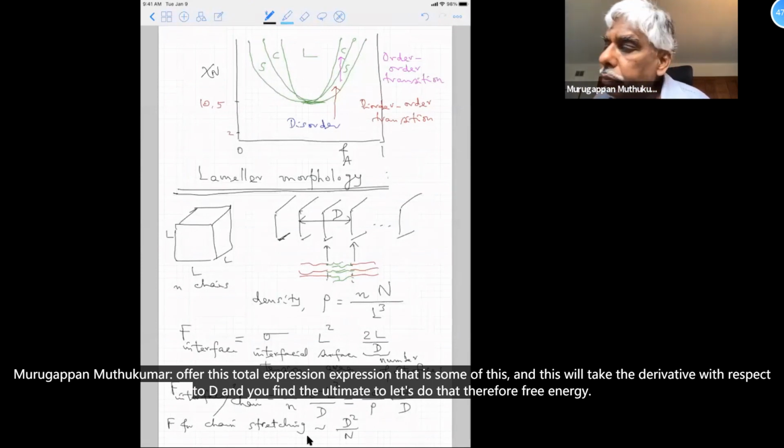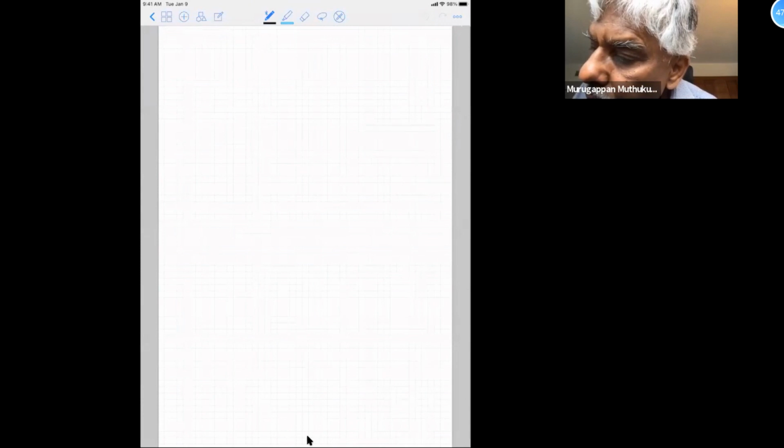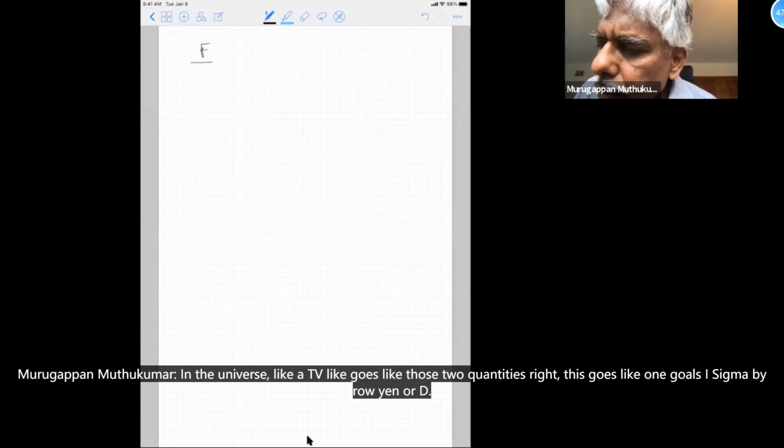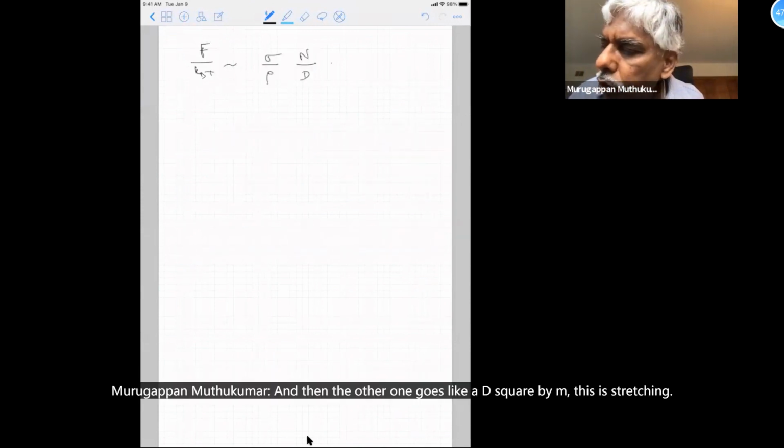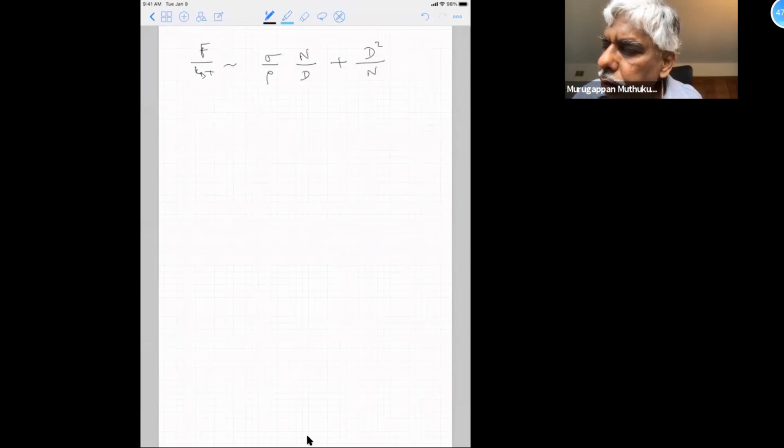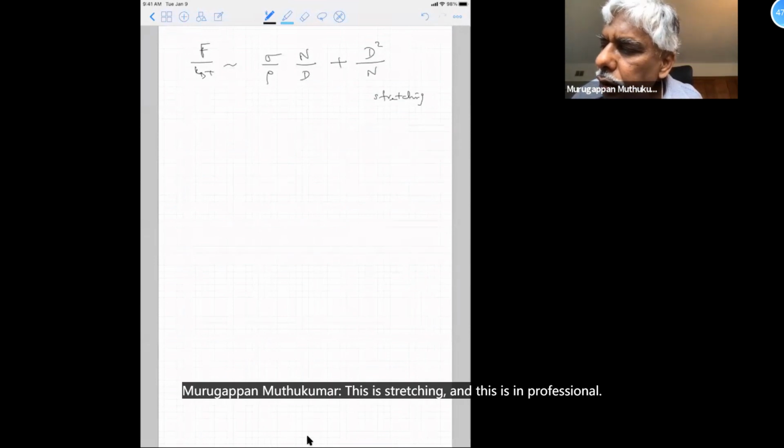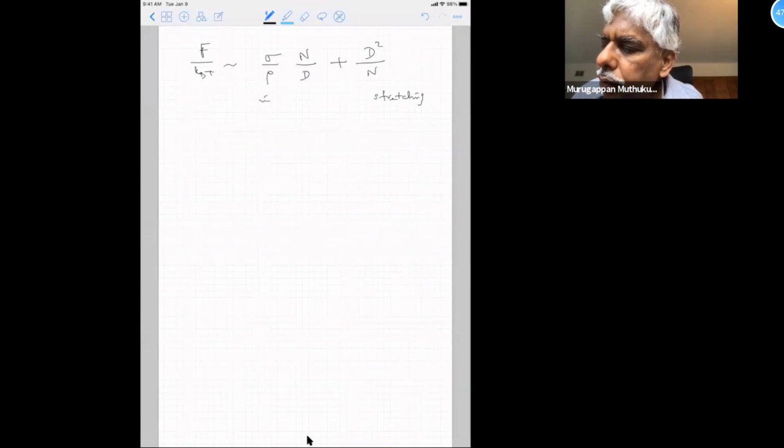So let's do that. Therefore, free energy in units of kT goes like those two quantities, right? One goes like sigma by rho N over D, and the other one goes like D square by N. This is stretching, and this is interfacial energy.